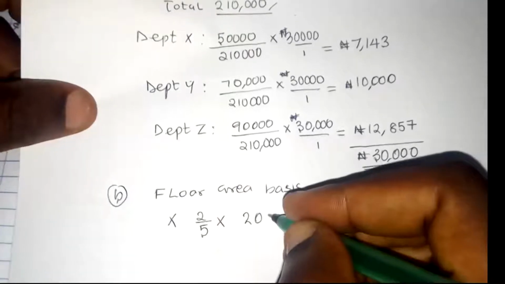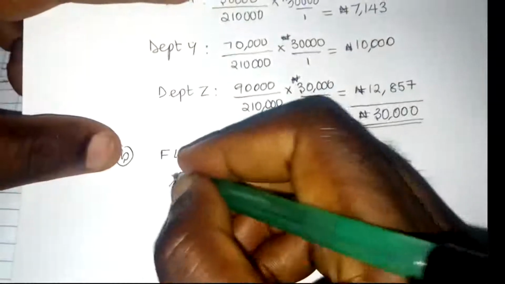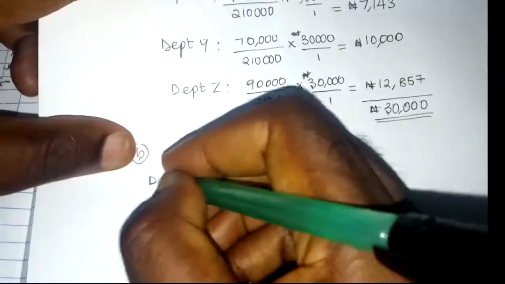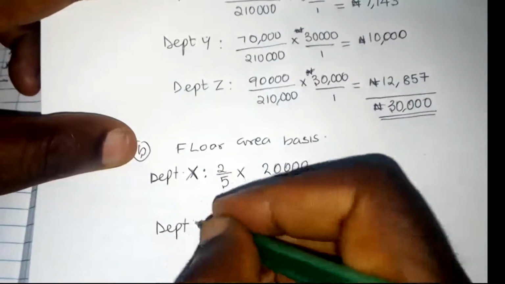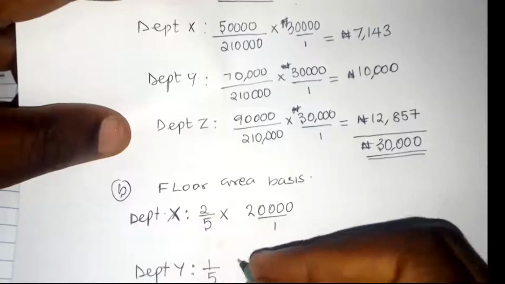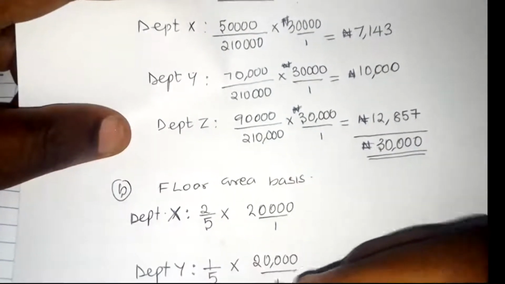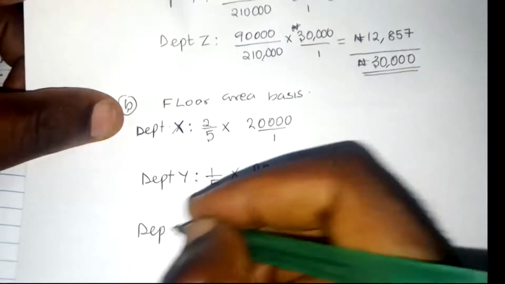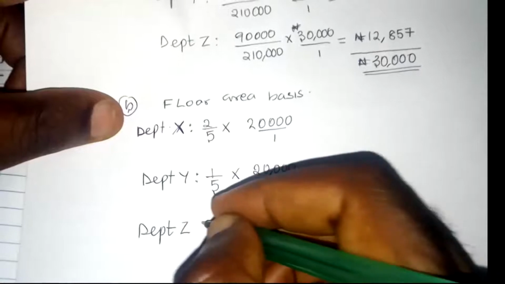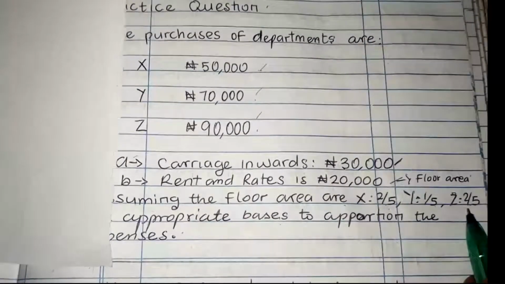Then for department Y, it is 1 over 5 multiplied by 20,000 over 1. Then for department Z, we have 2 over 5 multiplied by 20,000 over 1.